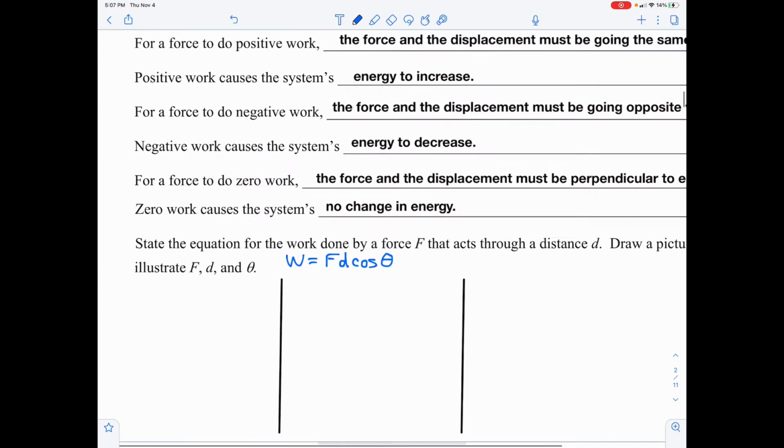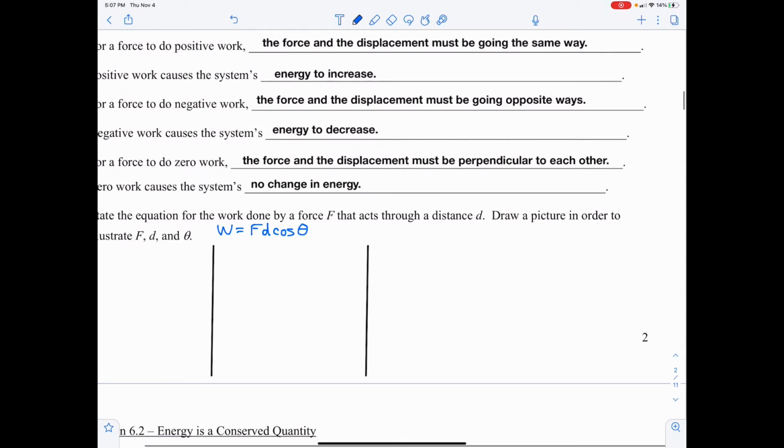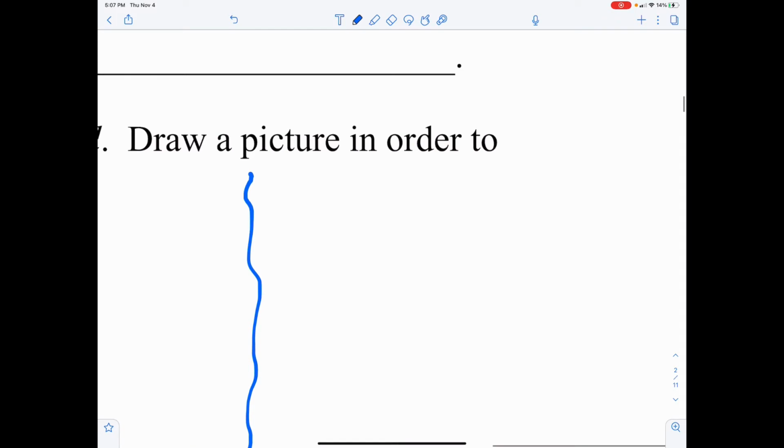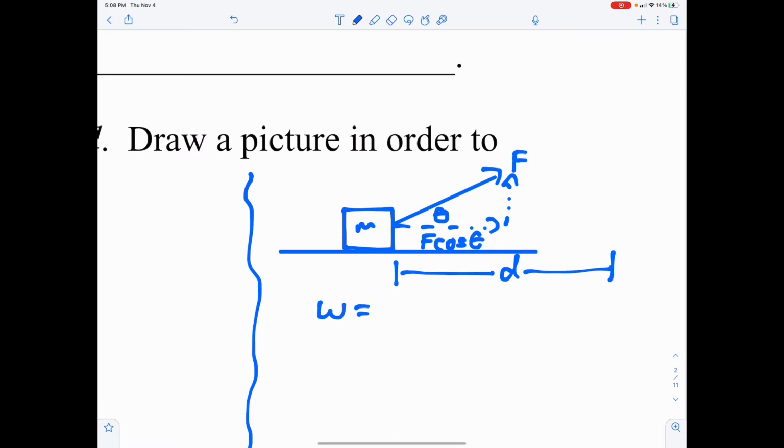Now, where's this equation coming from? Let's take a look at 3 different situations. Over to the side here, let's take a look at what's going on. If you have an object of mass m, and you're pulling it at any possible angle relative to the horizontal, this component being F cosine theta, and you're pulling it a distance d, well, work is equal to a parallel component of force times distance.